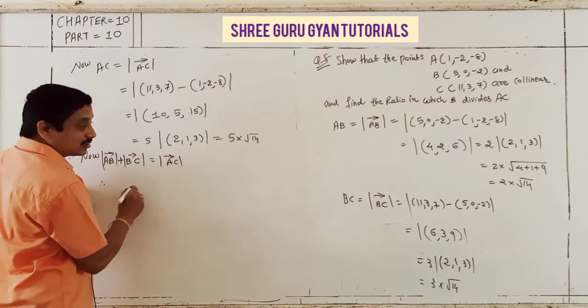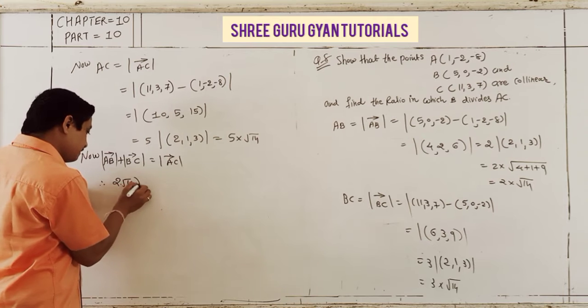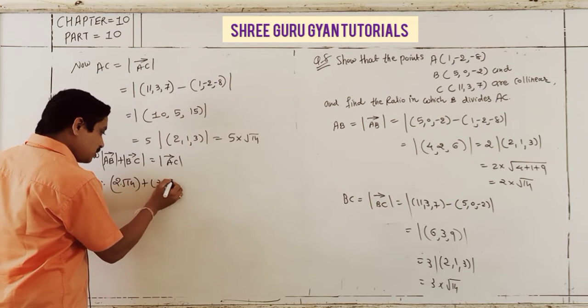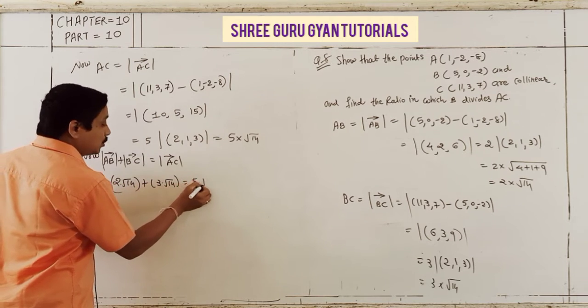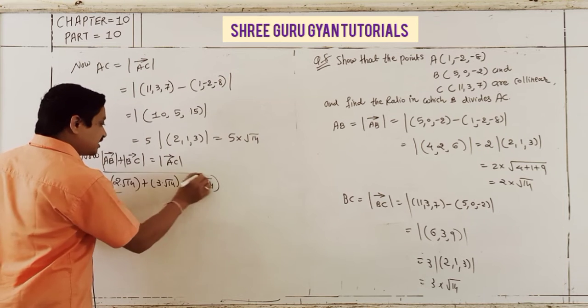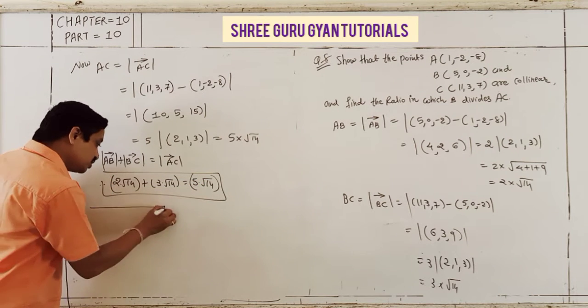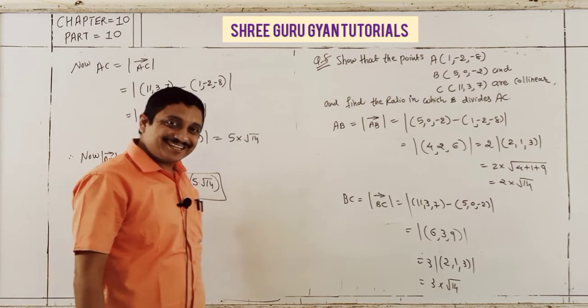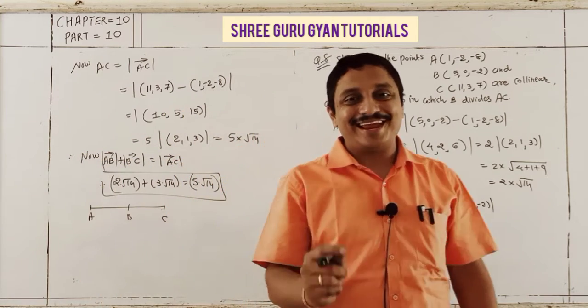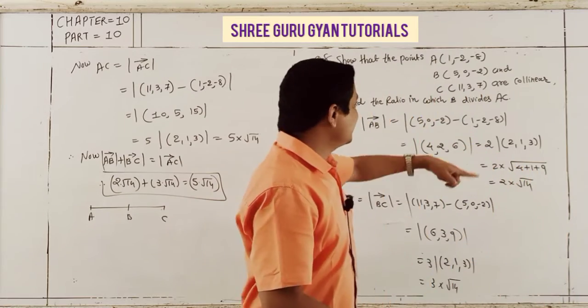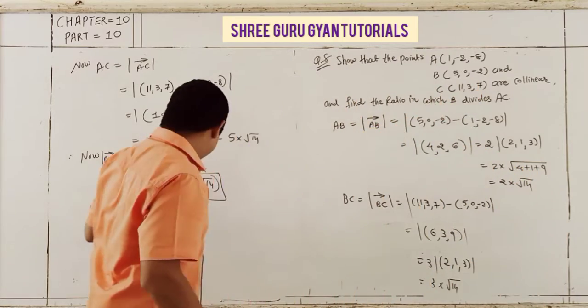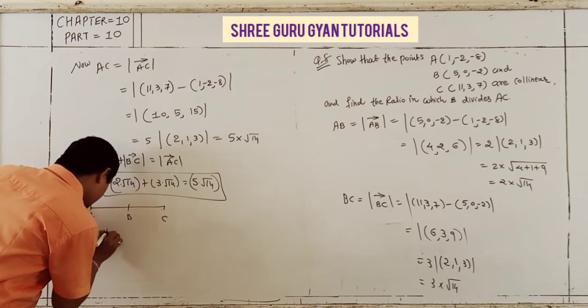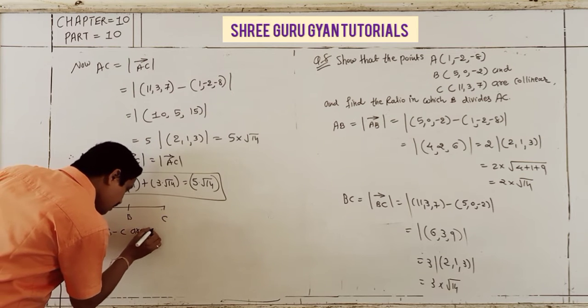So AB is 2 root 14, here 3 root 14 is equal to 5 root 14. That's why we will draw the drawing. AC is the longest length, B is internal, and confirm A, B, C are collinear.